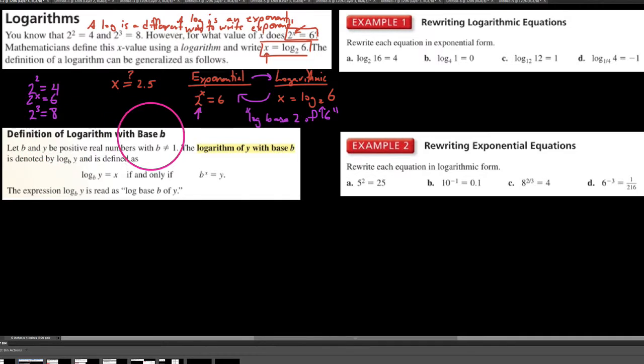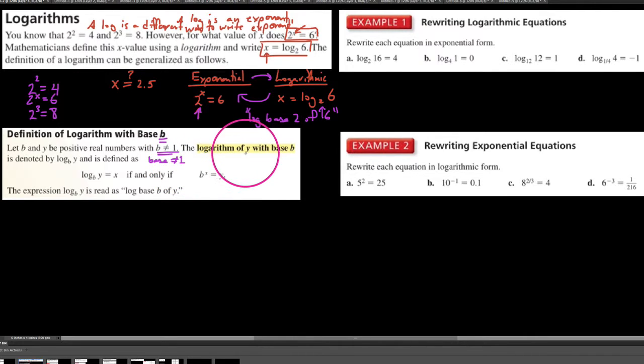And the definition of a logarithm with a base b is as follows, and we'll talk about how we can write back and forth. Let b and y be positive real numbers where our base is not equal to 1. So we're going to make this little note here: our base doesn't equal 1.